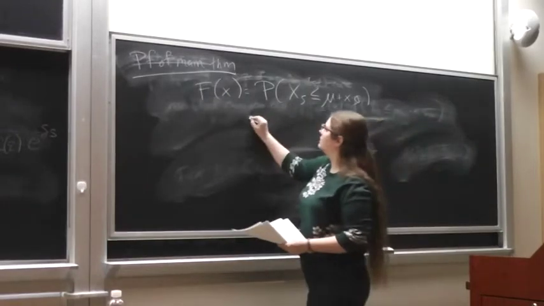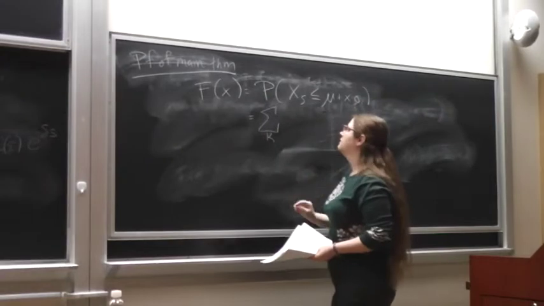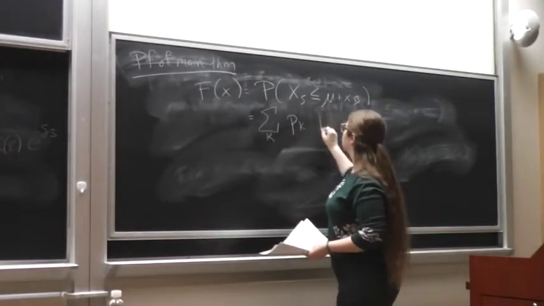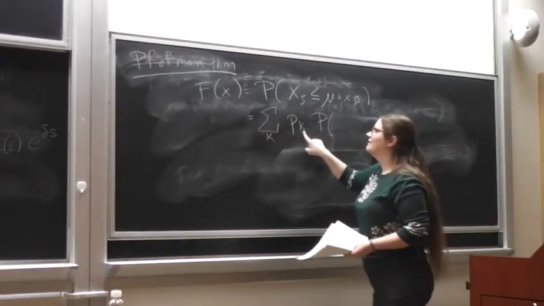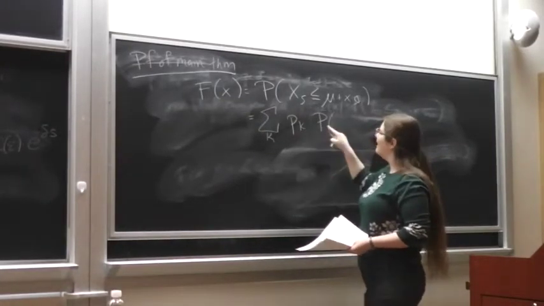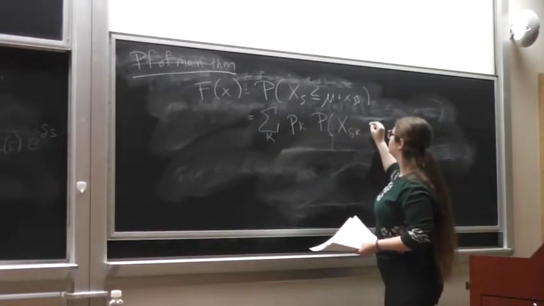And we're going to first break this probability down by conditioning on k. So there's a probability pk that my core has length k. And then if that happens, the correct probability to put here is this.